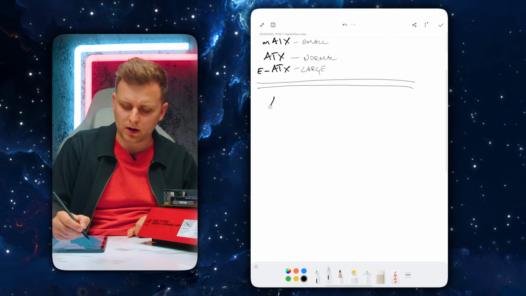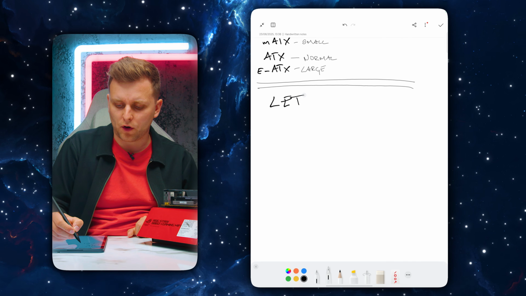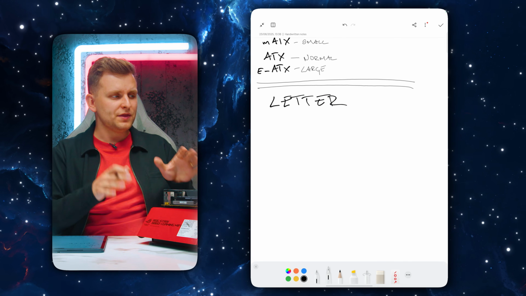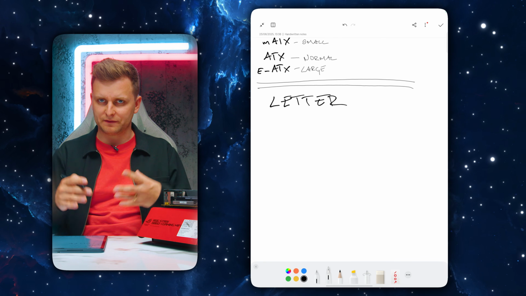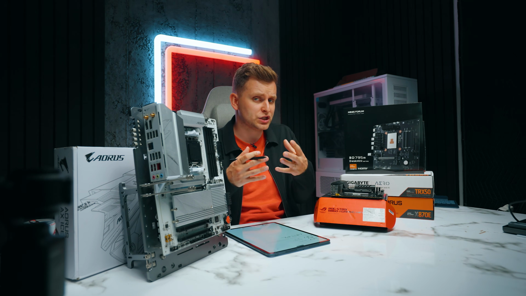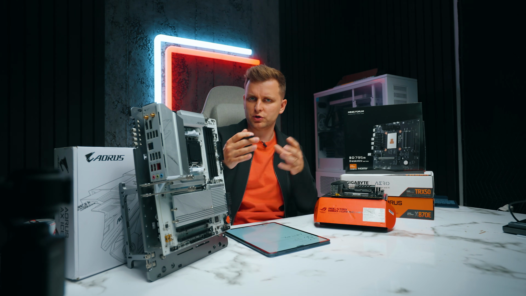Next, I want to talk about the letters of the motherboard, because within the motherboard name there are different letters, and they mean different things or give you certain features and specs, so you know which one to get.